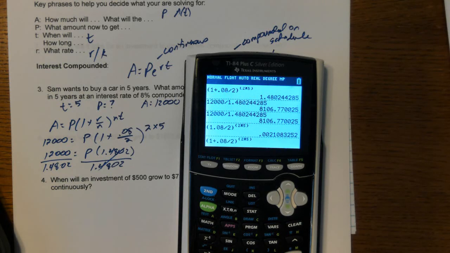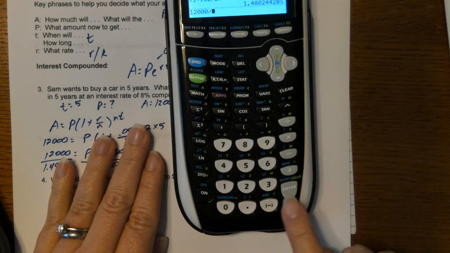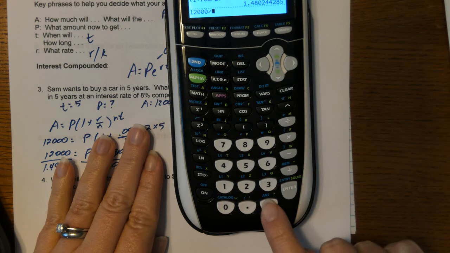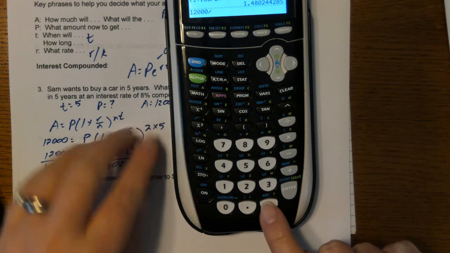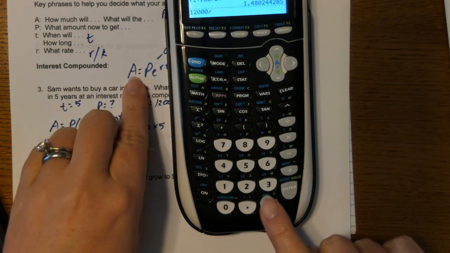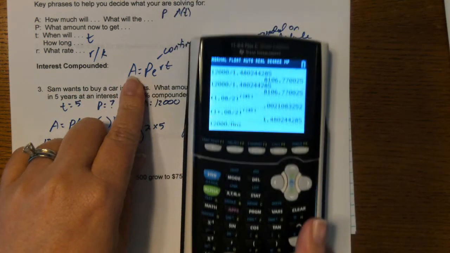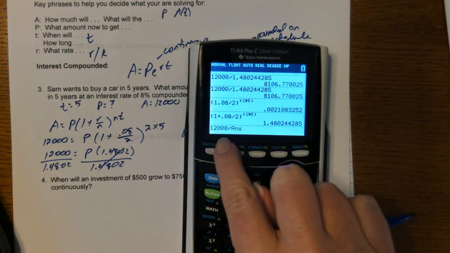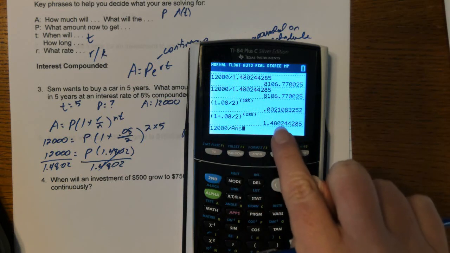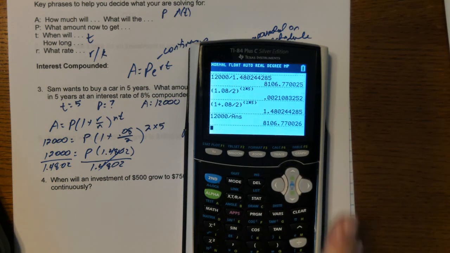If you're using an 83, when you had this number, your other option is to take your 12,000 divided by, and the little negative key next to the enter, right above it, it says in blue ANS, that means answer. So to get to that, you would hit the second button. So you could hit second answer, and it says, oh, you want me to take 12,000 and divide by that last answer I had. And you say yes by pressing enter.